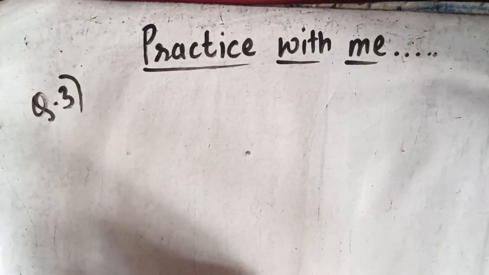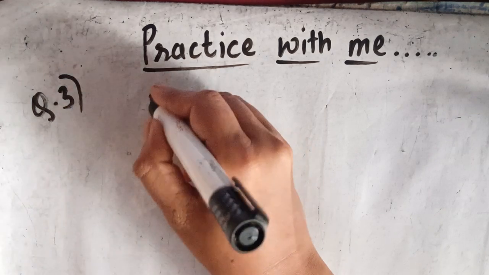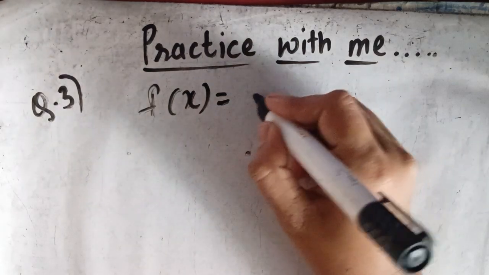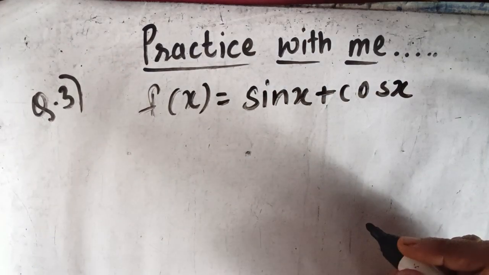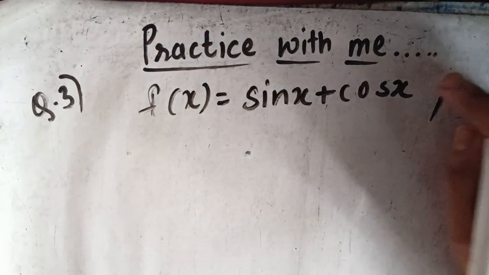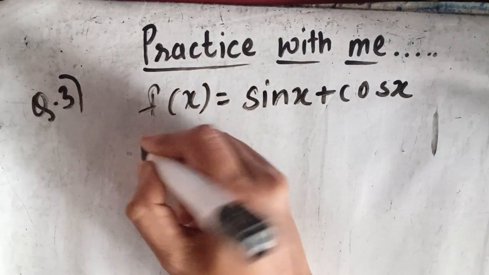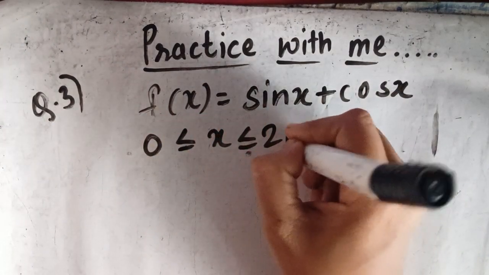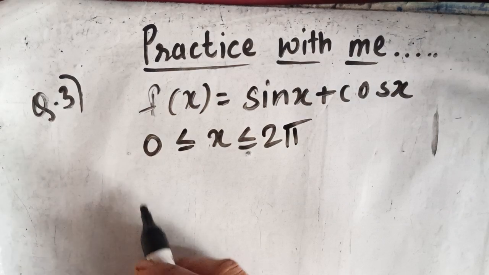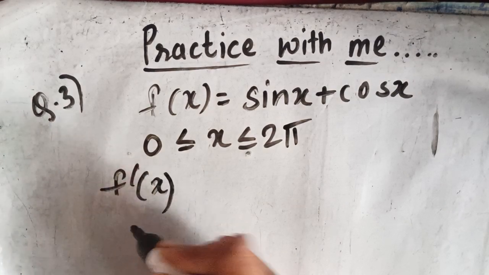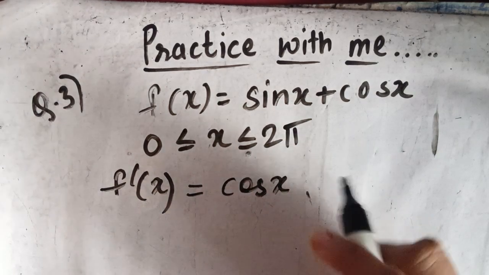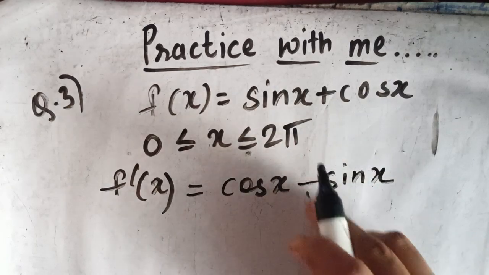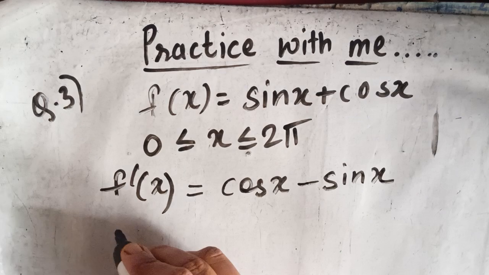Question 3. You have to find the interval in which the function f of x equal to sin x plus cos x is decreasing, and the condition given is that x is between 0 and 2 pi. First you have to find f dash of x. The derivative of sine is cos, and the derivative of cos is minus sine.